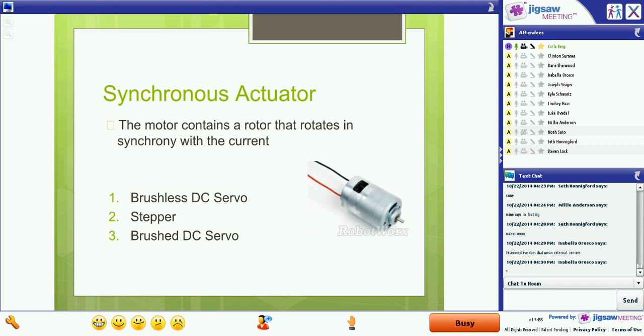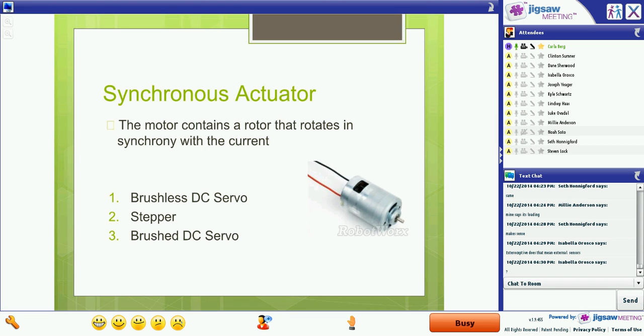Now, a synchronous actuator is a motor that contains a rotor that rotates in synchrony with the current. And here's a picture of a synchronous actuator. Synchronous actuators are pretty common in robots.